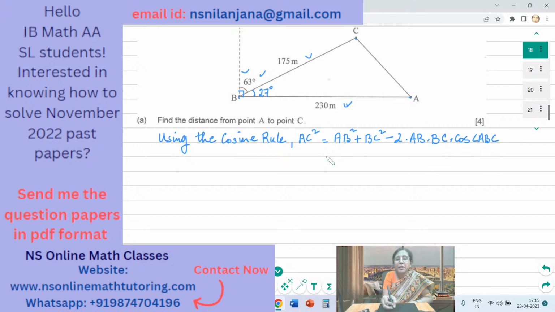Now we will substitute these values. AC squared will be equal to, AB is 230, so 230 squared, plus BC is 175, therefore 175 squared, minus 2 times 230 times 175 times cos 27 degrees.